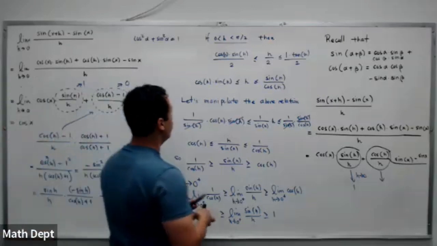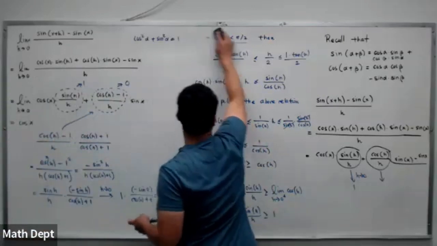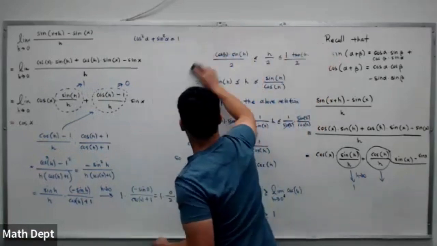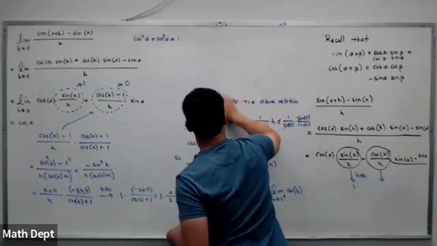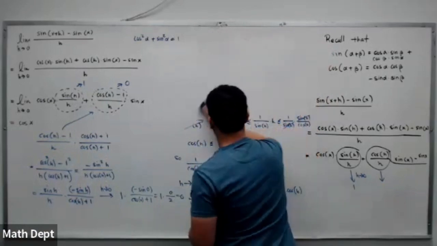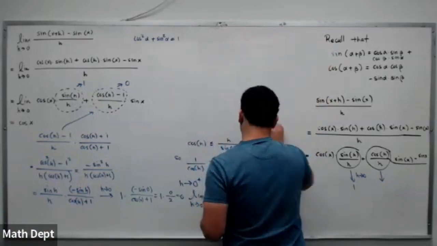So what do we learn from this computation and all this work? Well, that indeed the derivative of sine is cosine.